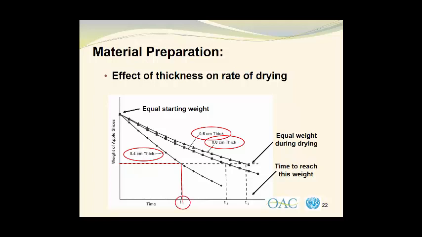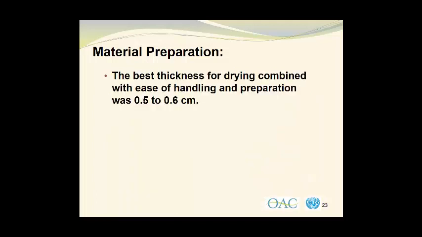We can do a similar thing for the 0.6 centimeter thick slices and for the 0.8 centimeter thick slices. And as you can see, the thicker the slice, the longer it takes to reach this moisture content that we've indicated by that horizontal line. So now what we can say is, the thicker the slices of apples in this test, the slower they dried.